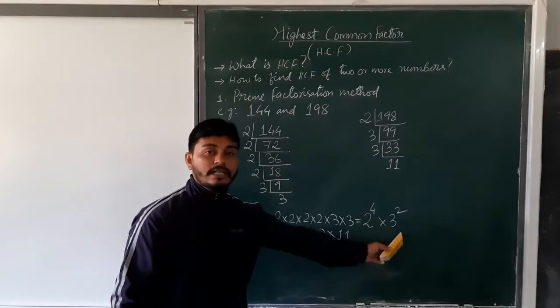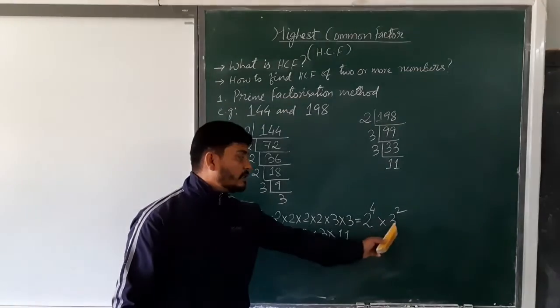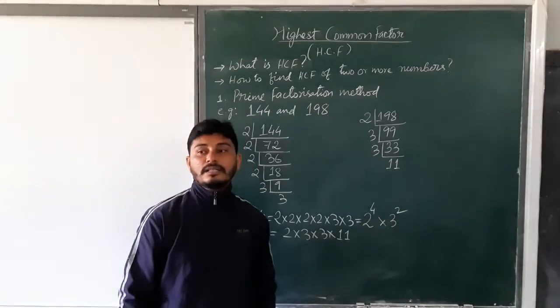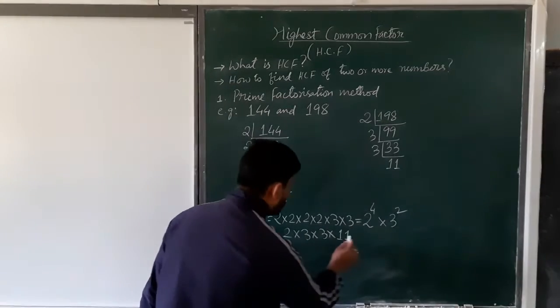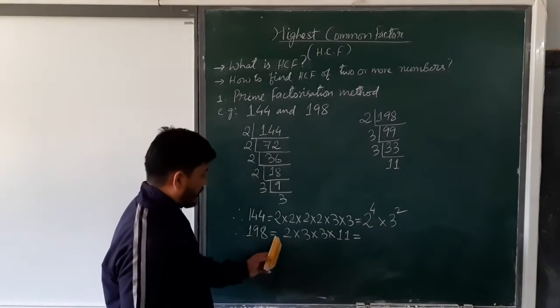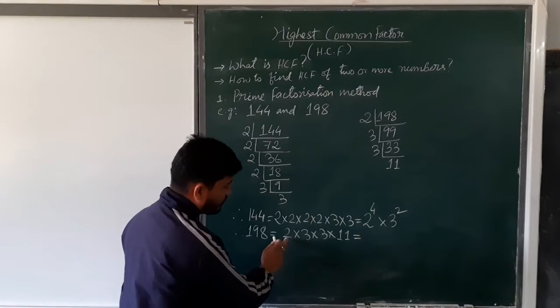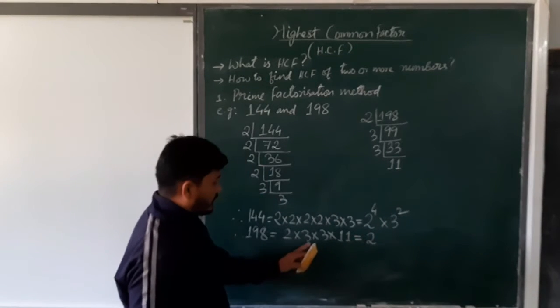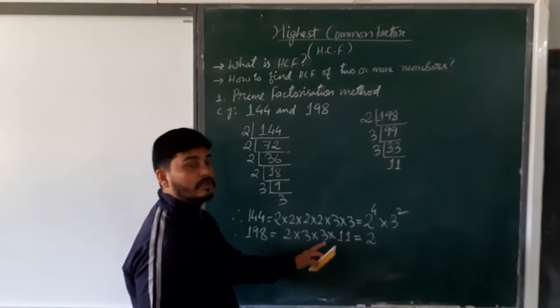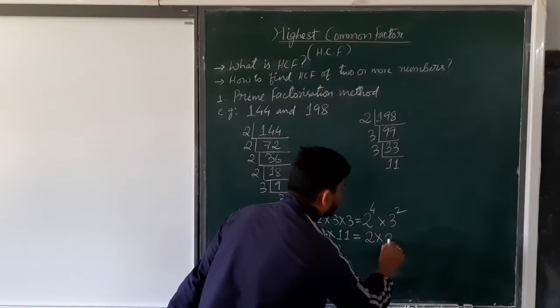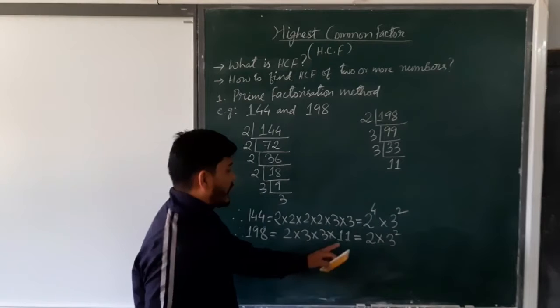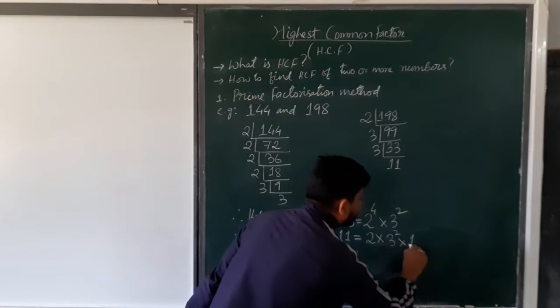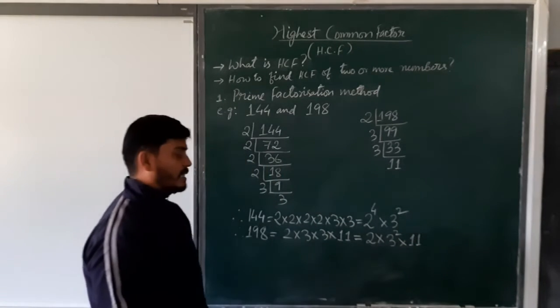I hope this is clear to all of you. So again, the factors of 198: here you can see 2 is only single, so it will remain as it is, and 3 is multiplying 2 times, so it will be 3 squared, and 11 is only 1, so it will remain as it is.